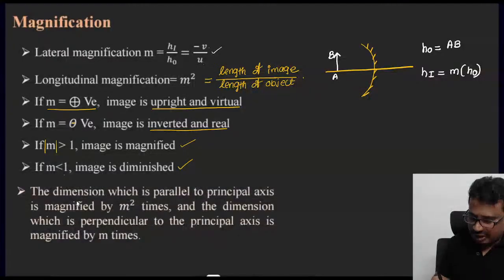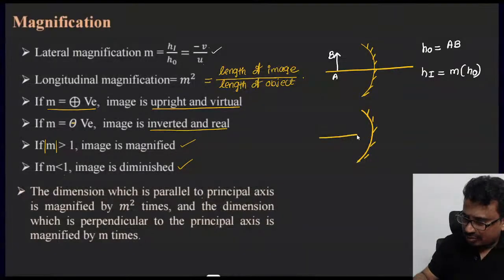You can see now the dimension which is parallel. Otherwise, consider some object like this, and let us say this is CD, from here to here.